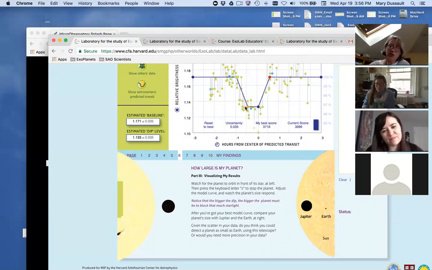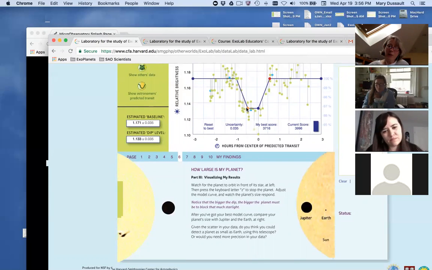And then you can see that depending on what this percent dip was, the relative size of the target planet to its star is different. And you can see we're comparing over here to Jupiter, Earth, and the Sun.